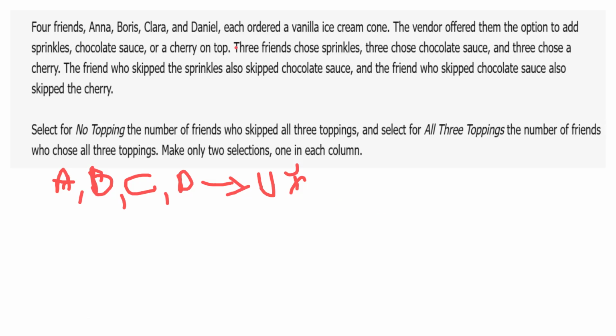Then what else does it say? Further, it says that three friends chose sprinkles. So the vendor offered them toppings. What are those? Sprinkles, chocolate sauce, cherry. So according to the text, three friends chose sprinkles.